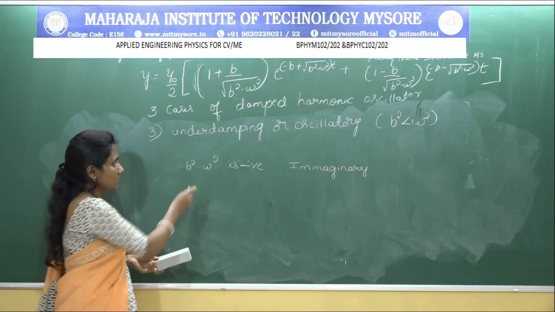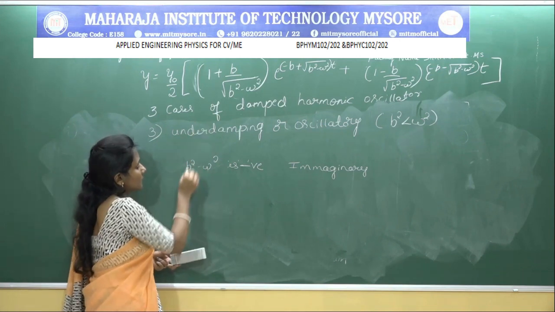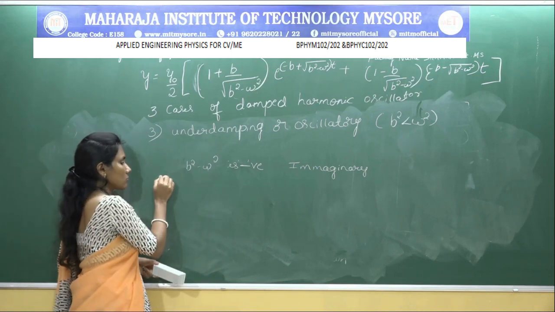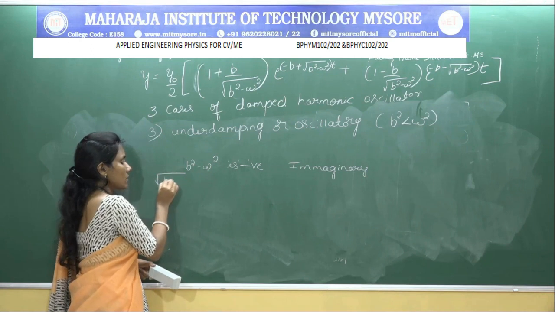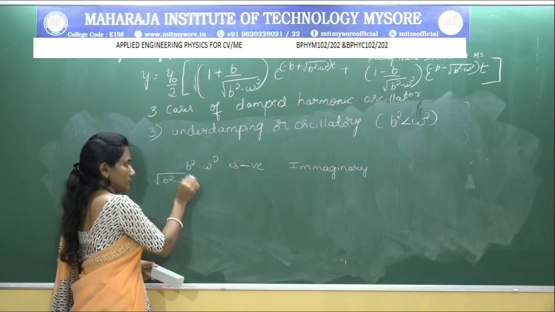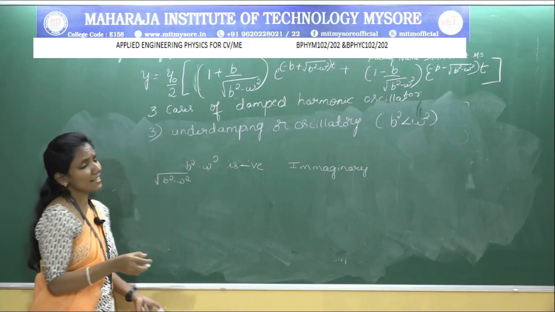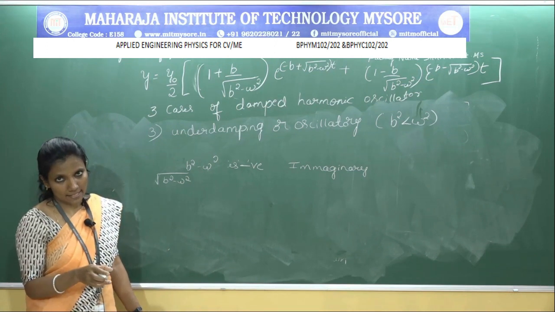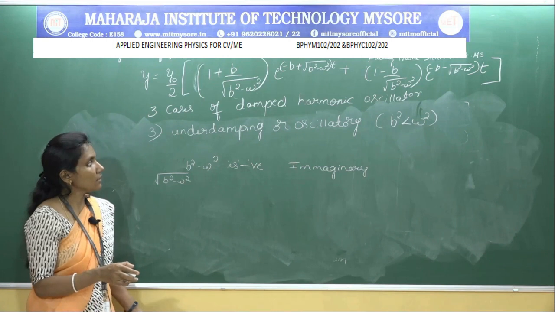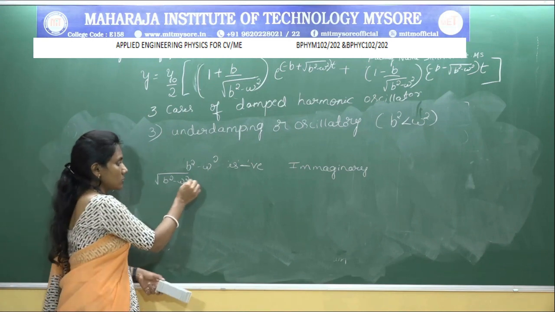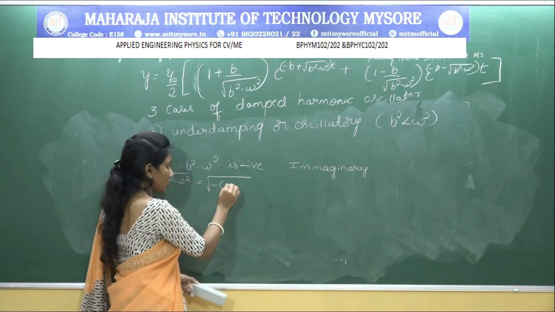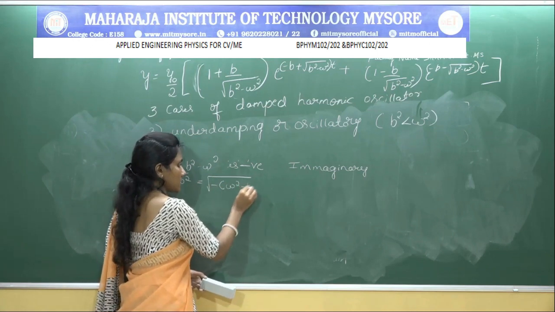So make some rearrangement in this equation: in this root of b square minus omega square, because underdamping is very little damping that we observe in this underdamping or oscillatory case, take the common minus here, then we get omega square minus b square.